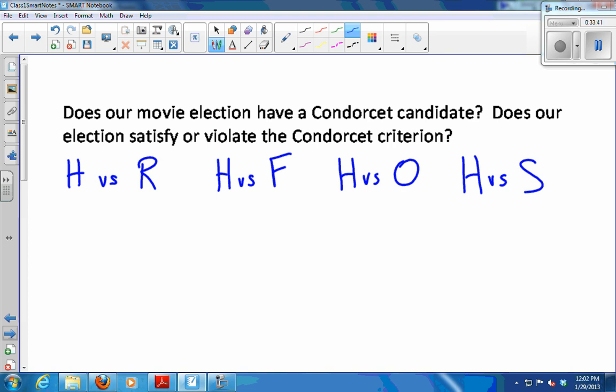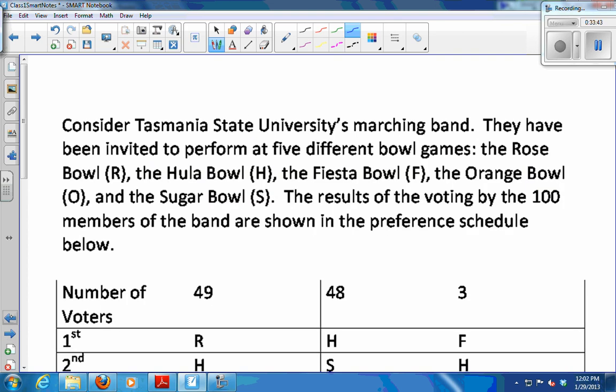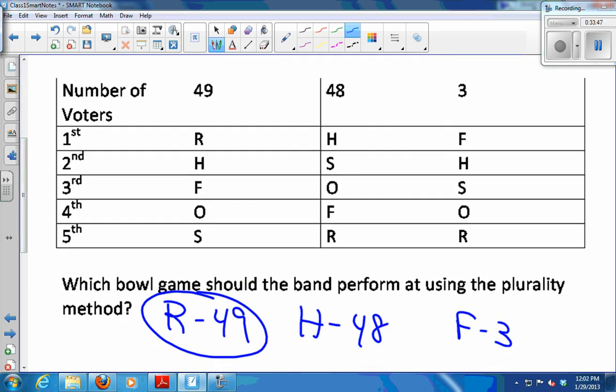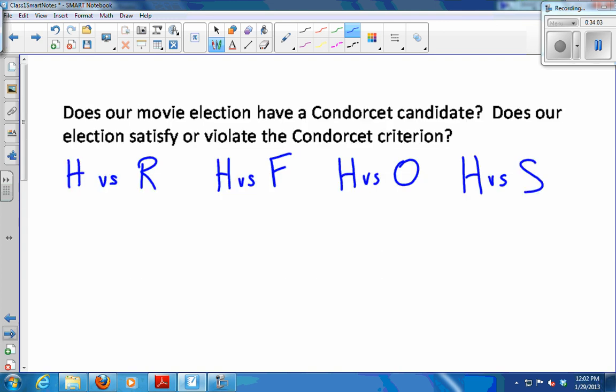When I do Hula against the Rose Bowl, I'm going to go back and look at my preference schedule, and look at each column and decide, based on transitivity, who they would have voted for. So these 49 people, if they have to choose between the Rose Bowl and the Hula Bowl, who would they pick? Rose Bowl, because they have it ranked higher. So we have 49 people for the Rose Bowl.